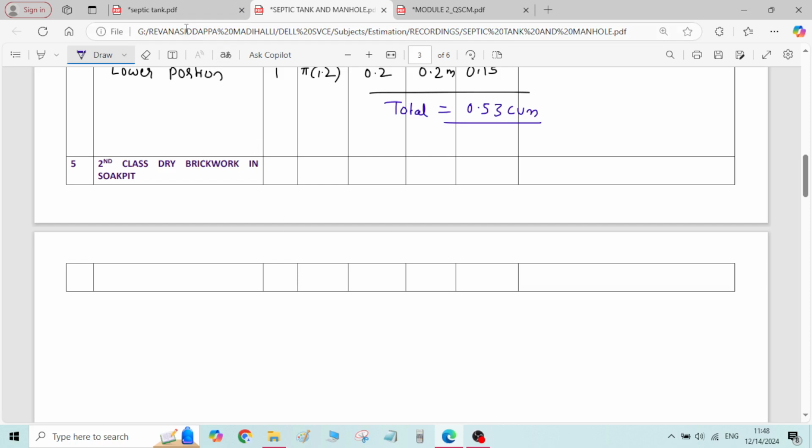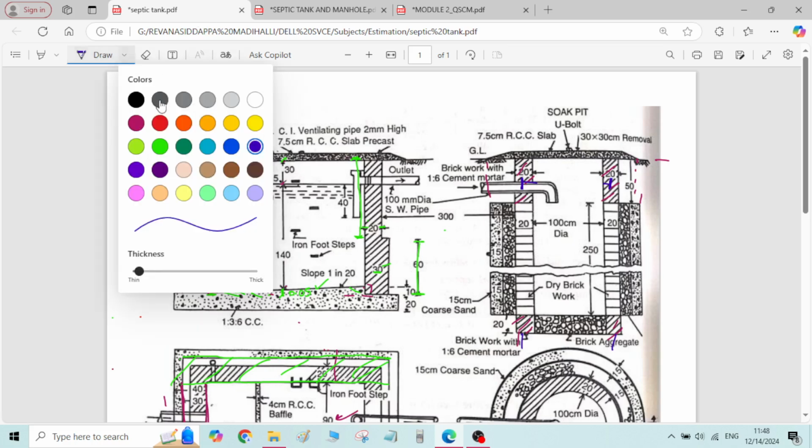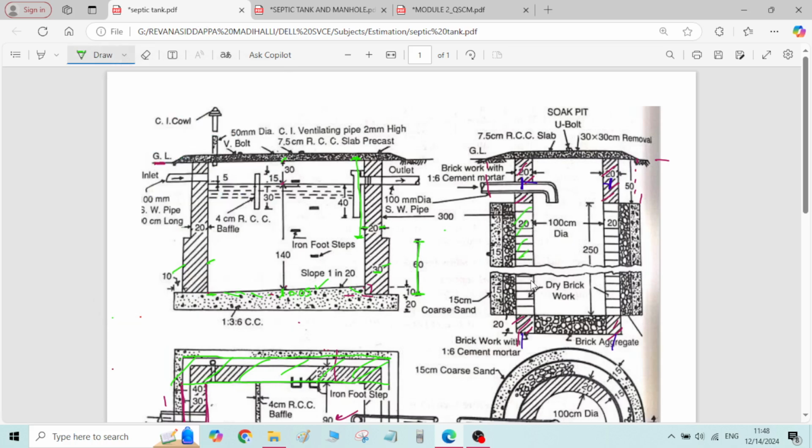Then we'll do the calculation for second class dry brickwork in the soak pit. Dry brickwork means this portion here. Same way as we calculated the second class brickwork, we have to calculate the dry brickwork. First I calculate the average diameter.